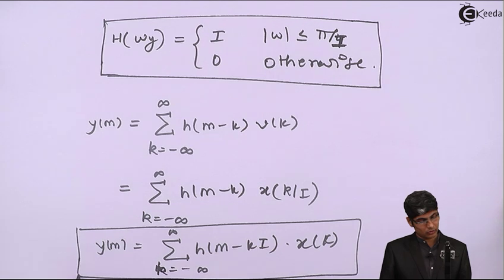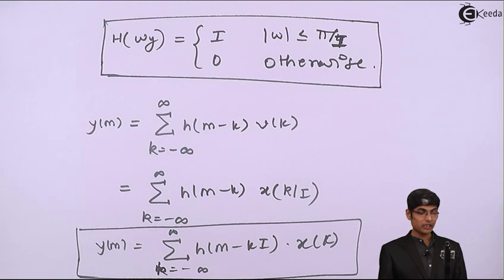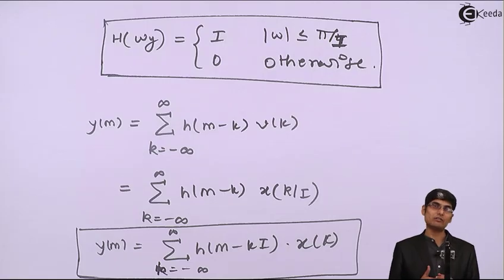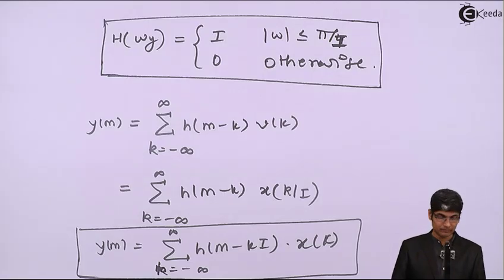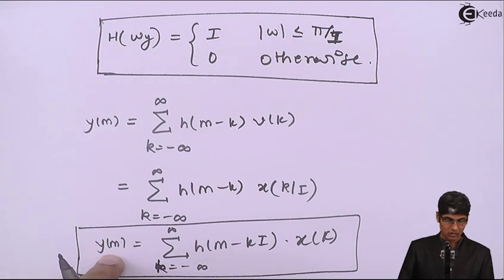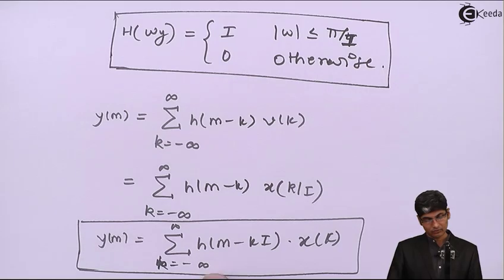So this is the output of an interpolator. Again, in the interpolator, we had our upsampler first, and then the low pass filter to remove the images. And due to insertion of a low pass filter, the new output is y of m, which is upsampled. But the sequence is given as h of m minus kI into x of k.